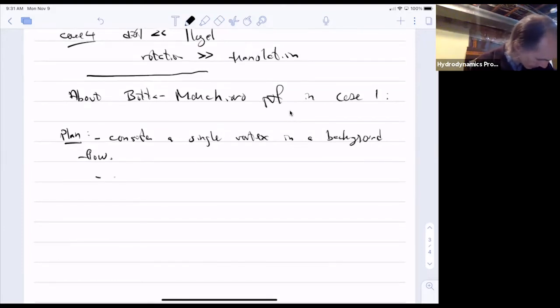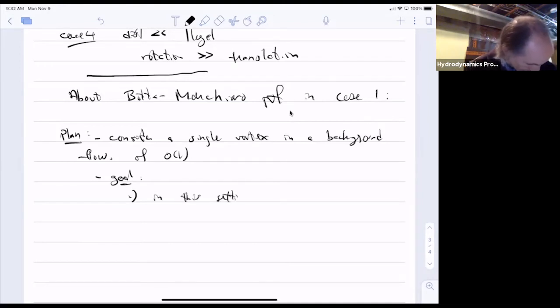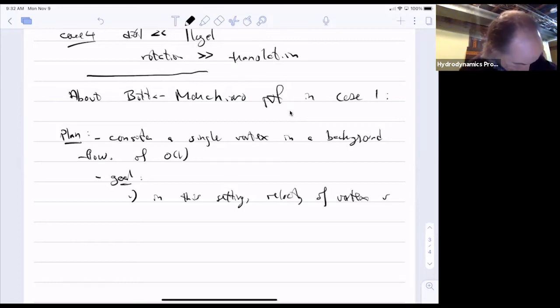So the goal is, we want to know that in the background flow of order 1, in this setting, the velocity of the vortex is 1 over 4 pi log 1 over epsilon times (1 plus O of 1).